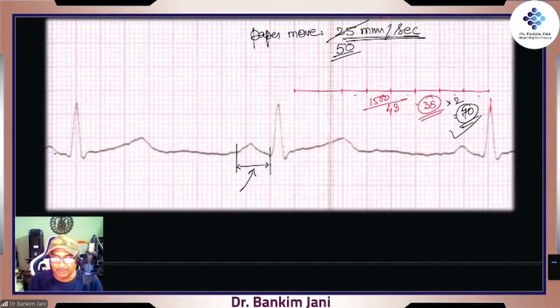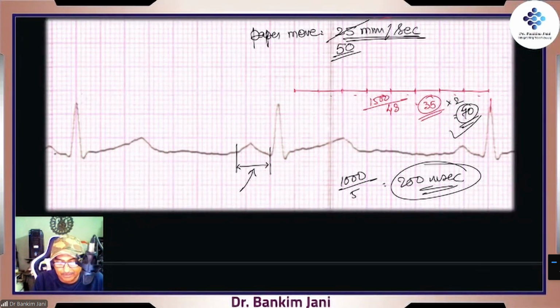That means 5 big boxes move per second. So one box will take how much time? 1000 divided by 5, that is 200 milliseconds. So this much is 200 milliseconds. That means one small box would be 40 milliseconds. Are you with me?